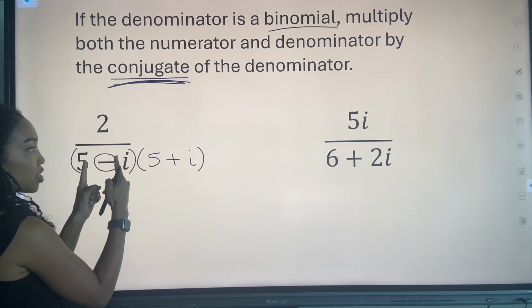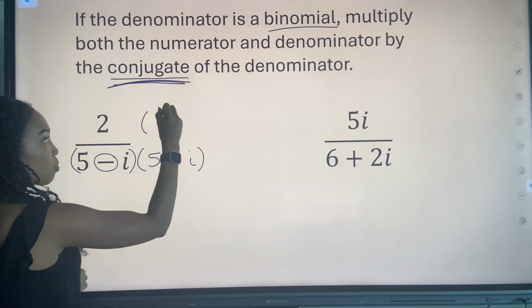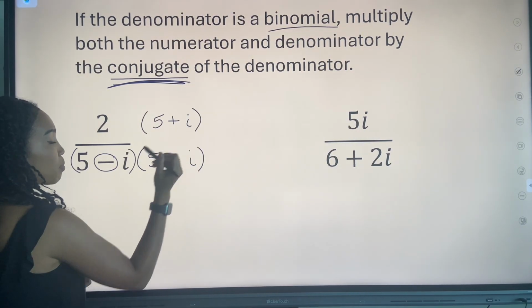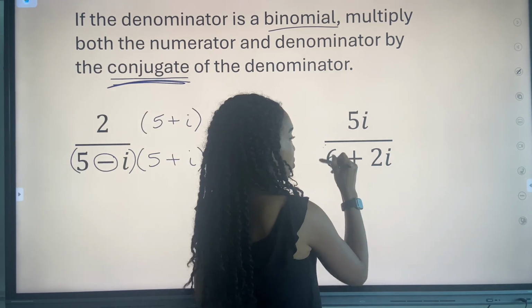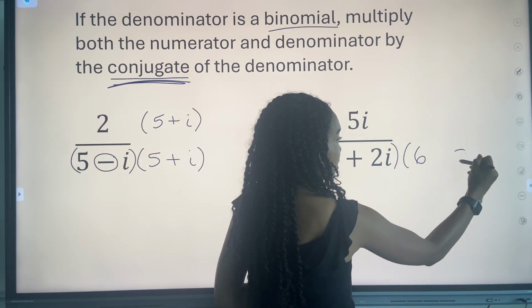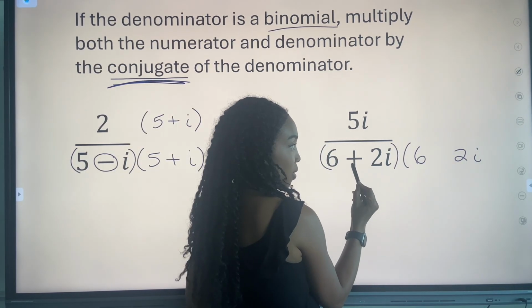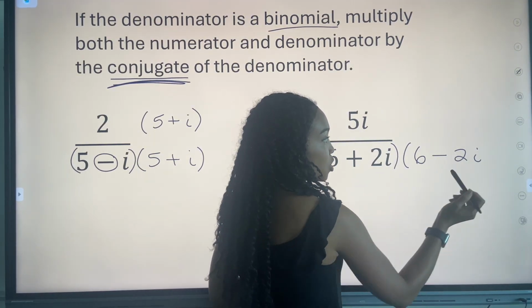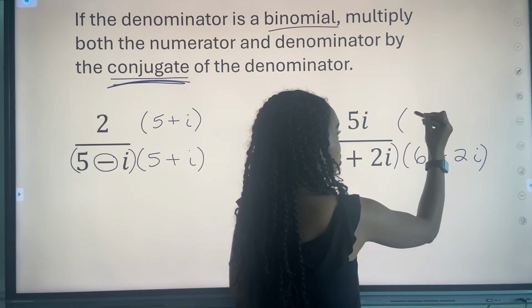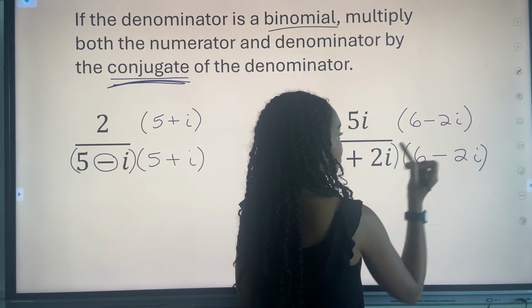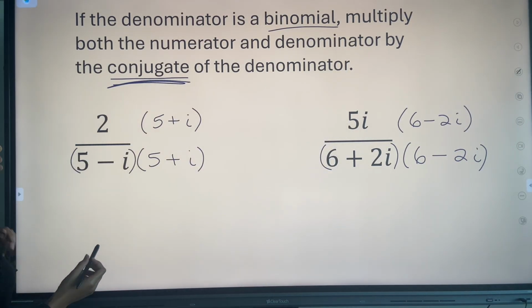So instead of a minus, you'll have a plus. And we're going to multiply both the numerator and the denominator by the conjugate. In this case, the conjugate would be still 6 and a 2i, but instead of a plus sign, it would be a minus sign. So we're going to multiply not only the denominator by the conjugate, but the numerator as well. So let's multiply it out.